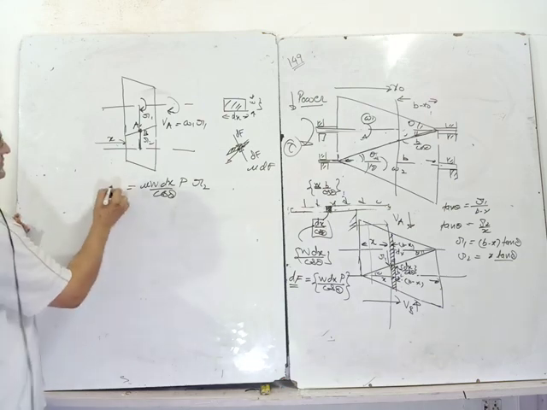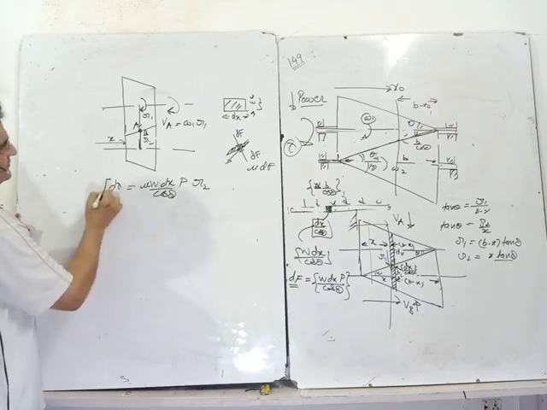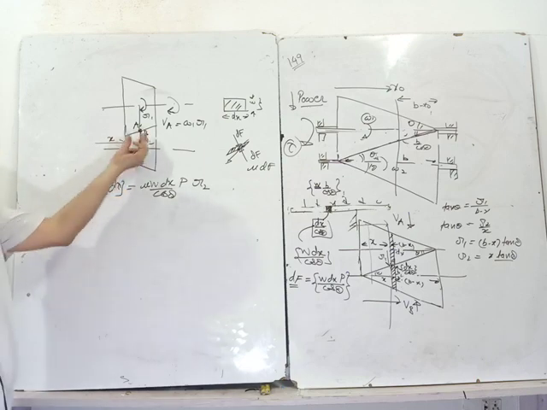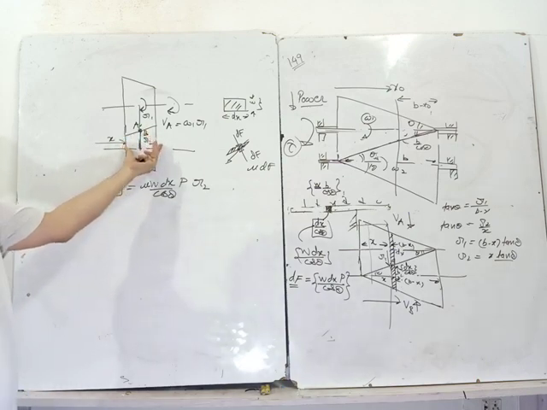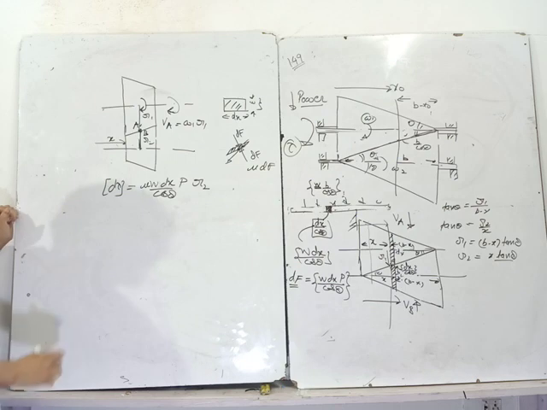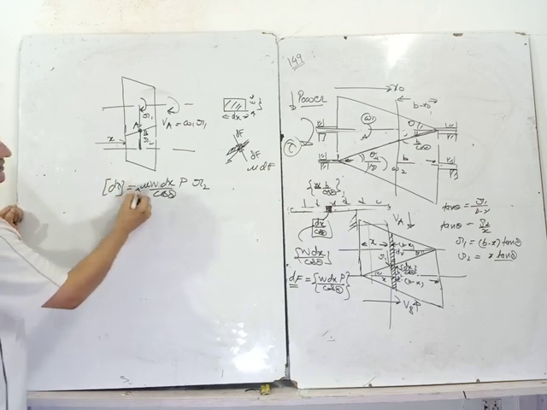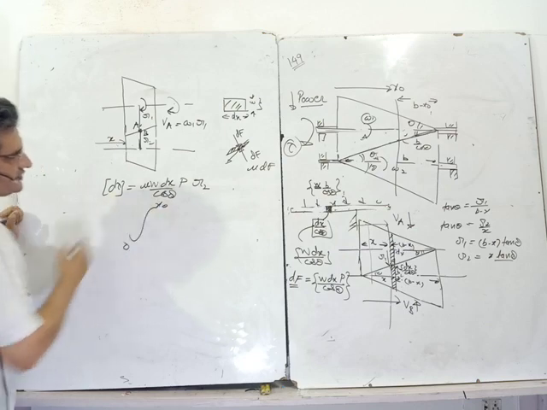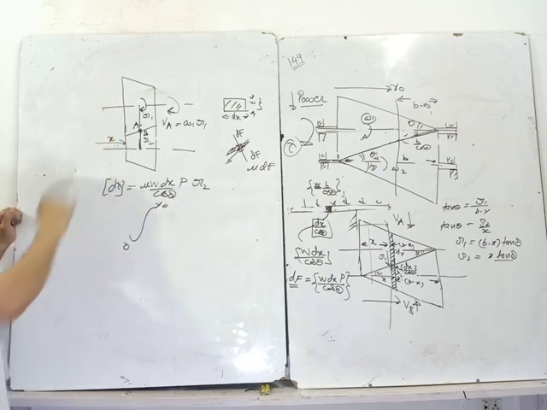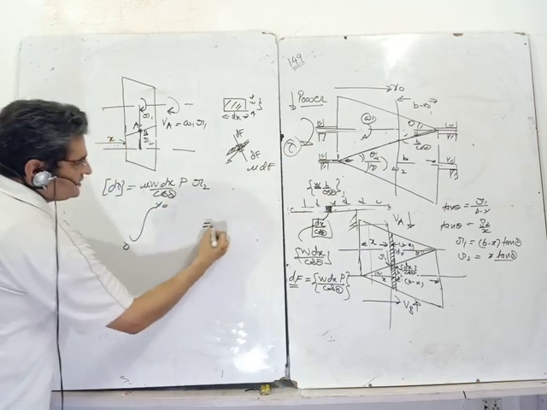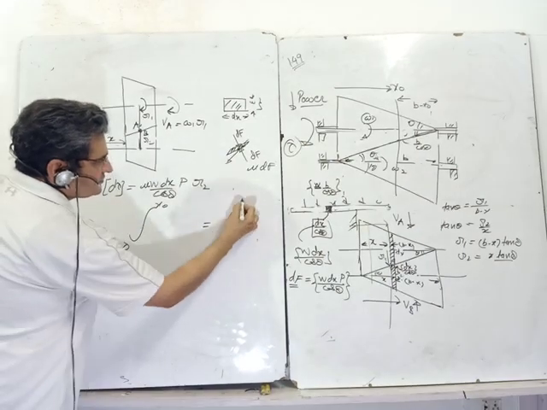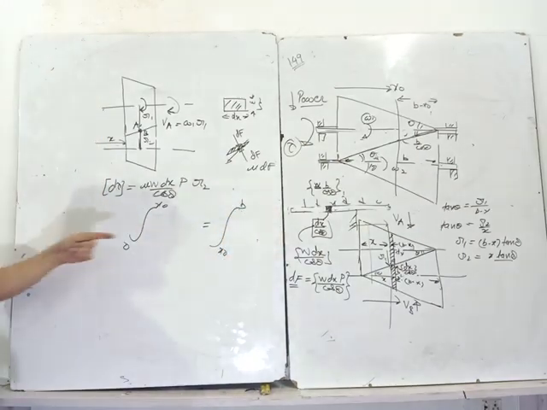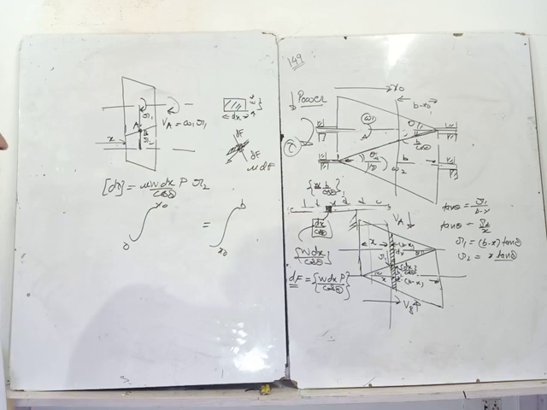Okay, so this is the d torque. I have written d because this is because of the pressure which is acting on the small strip. Now this torque from 0 to x0, which is in one direction, should be equal to x0 to b, which is in opposite direction. That is what I explained.